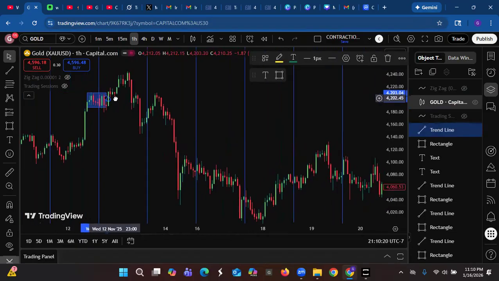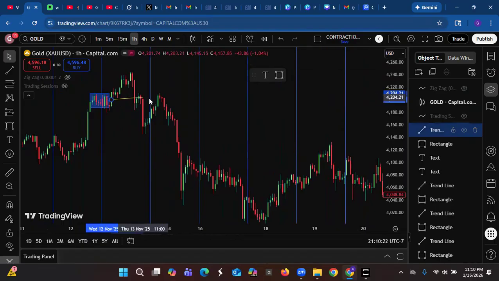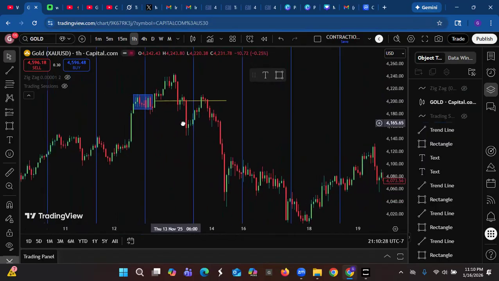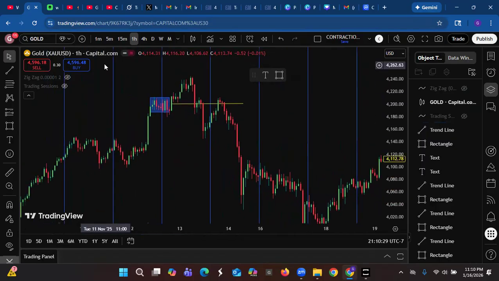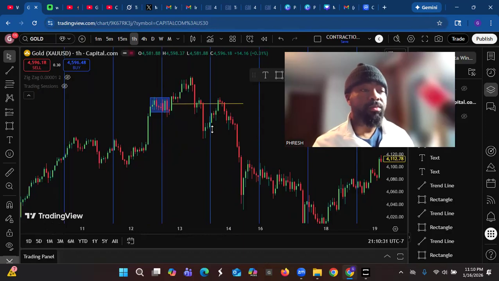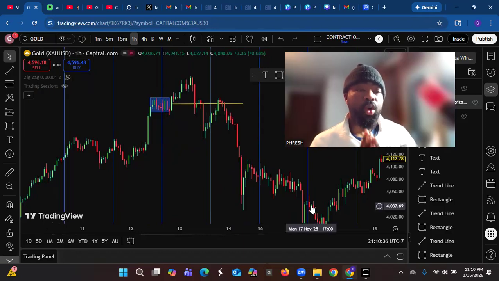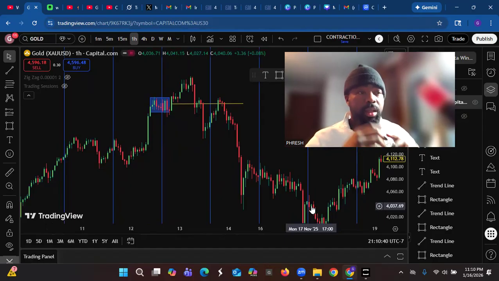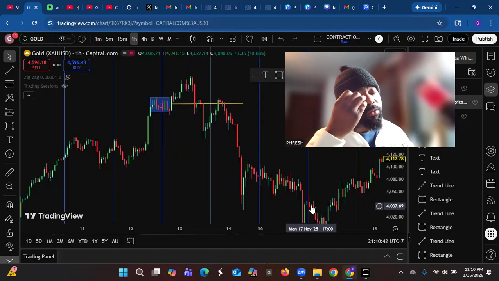And I'm going to do it again and again and again. This is one of the best strategies for new people, because once you train your eye to see the contractions before the move, you know what to look for.